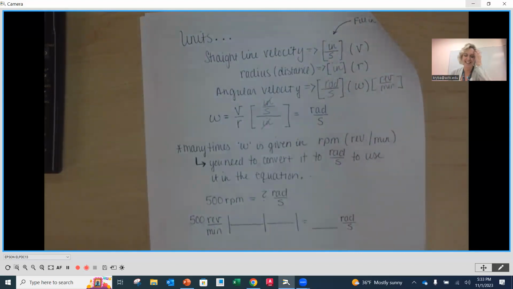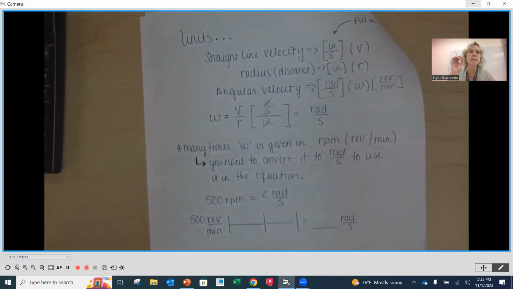So this is my silly little thing that I've said for years. I like to say that radians are kind of like Lucky Charms. They probably aren't magically delicious, but they do magically disappear and they magically appear. When you end up with nothing per second, for instance, that's when radians magically appear.